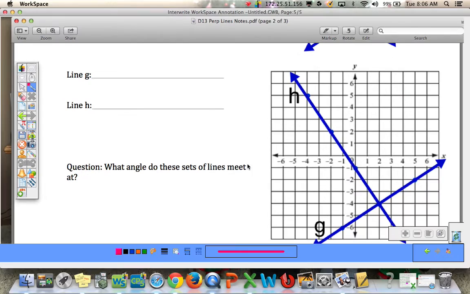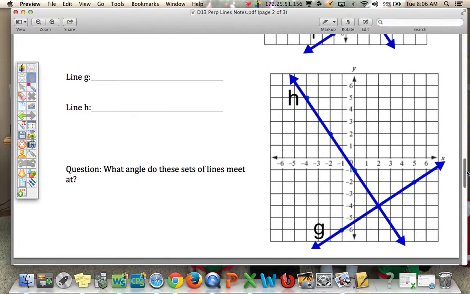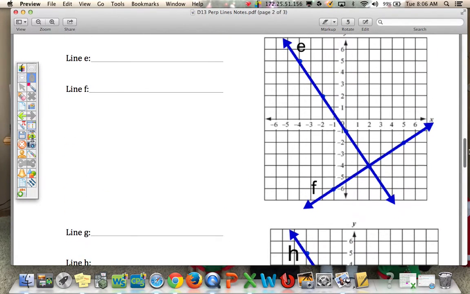G and H. So let's look at G first. The y-intercept, again, let's estimate negative 5.5. But then if we pick any 2 points, this is positive 2 over 3. Is that the same? Huh, it's the same. Okay, I guess I didn't change that.